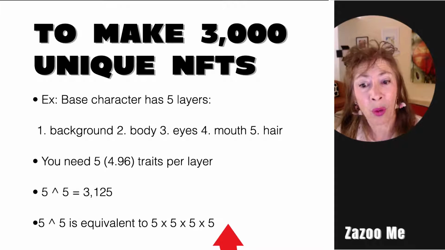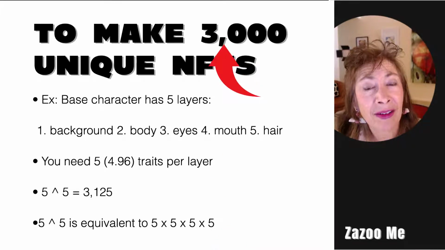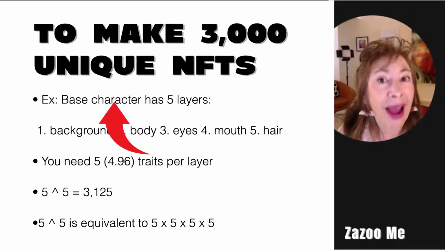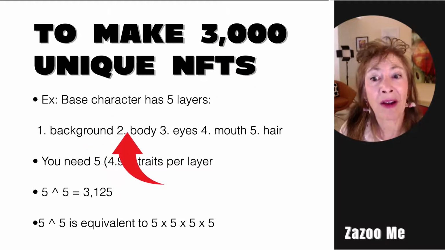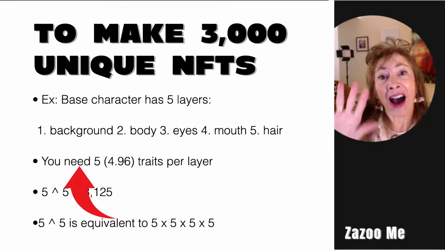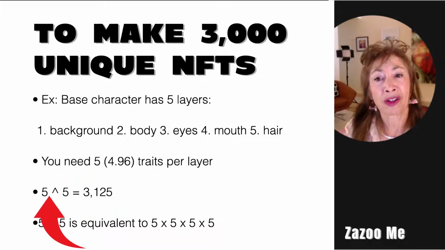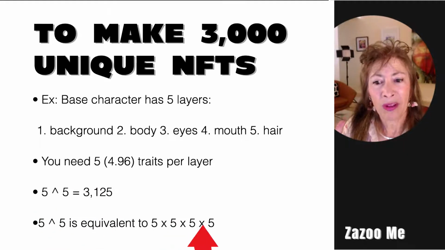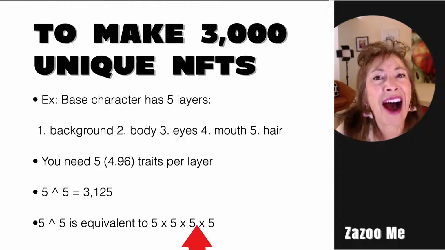So for example, what if you want to do a 3,000 unique NFT generative collection, but you have 5 layers, a background, a body, eyes, mouth, and hair. Now you need 5 traits per layer. So you want to do 5, well, that should be not 4 times, that should be 5 times.